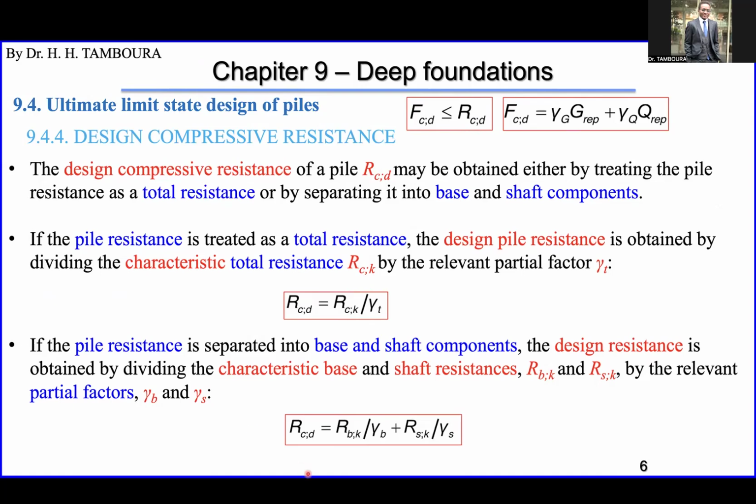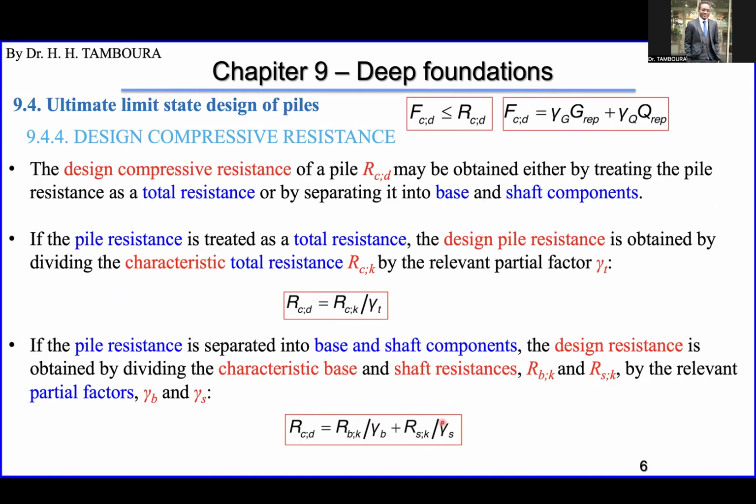The total design resistance is then the base one plus the shaft one: the characteristic base resistance divided by the partial factor for base resistance, plus the characteristic shaft resistance divided by the partial factor for shaft resistance.